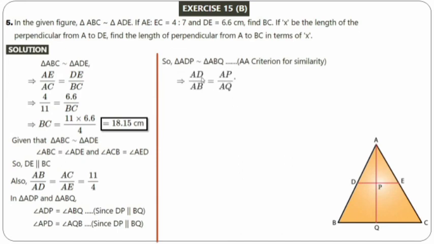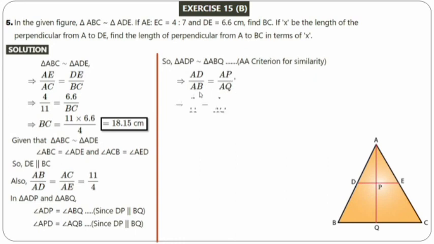In case of similarity, AD by AB is equal to AP by AQ. Now what is AP? This AP is the perpendicular to DE, and it is given that x is the length of the perpendicular from A to DE, that is AP is x. In place of AP I am writing x.